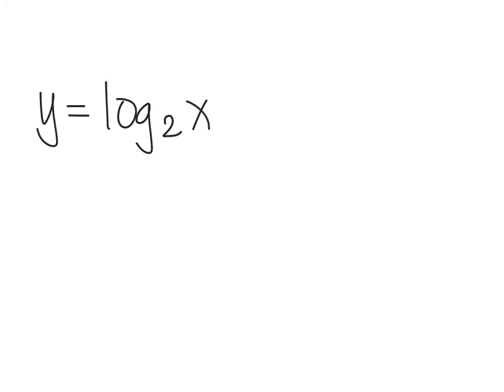Log base 2 of x. The base is bigger than 1. Increasing graph or decreasing graph? Increasing. And this is already the log graph. They will intersect at x equals 1. So we have increasing.